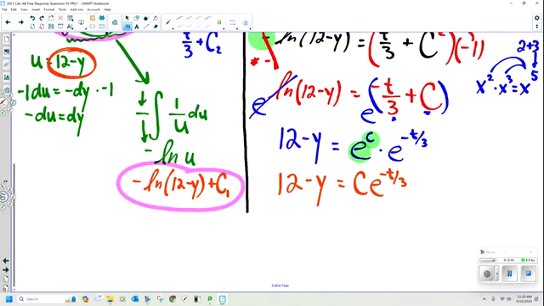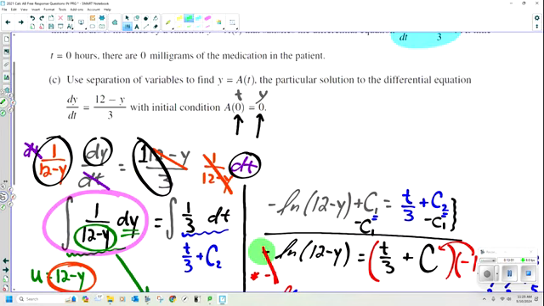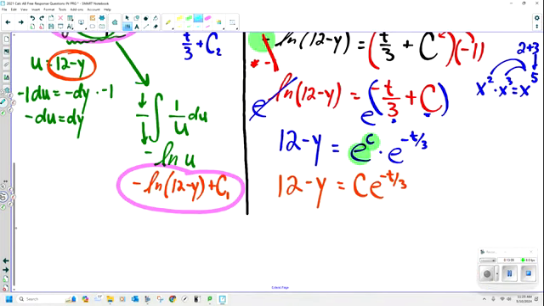Right? At this point, I am going to figure out what my C value is. Right? Our initial condition was 0, 0. Let us not forget that our initial condition is 0, 0 for t and y. So let's go back down here.